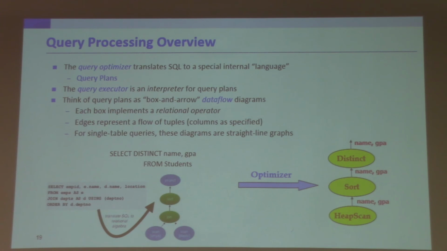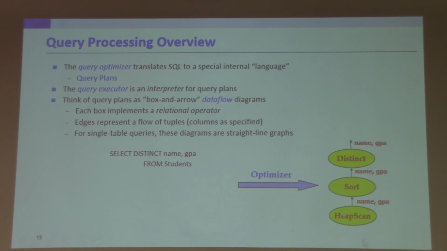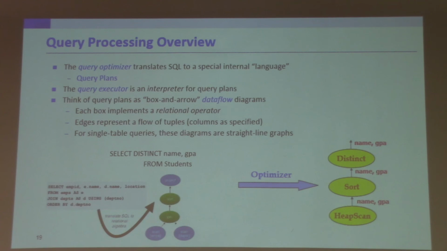So here is a slightly more complicated operation, because this example is a single table operator. But oftentimes we have multi-table operations, like a join, which can be represented by a query plan like this. This is the join between departments and employees. So you have department and employee, and you do the join, you sort, you output. Okay, that's another query plan over there.